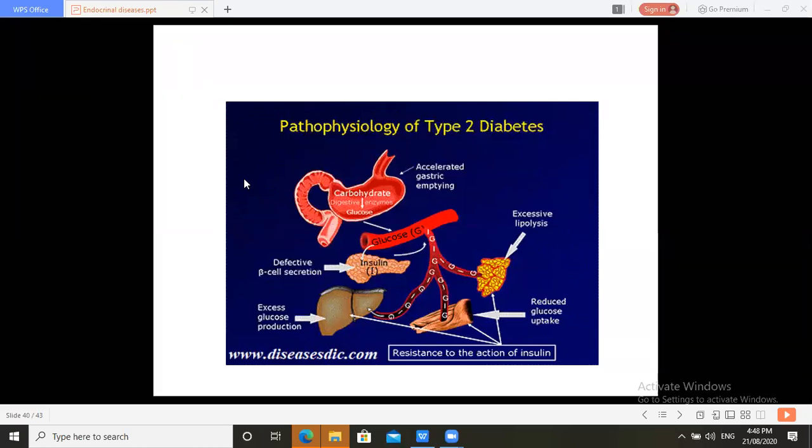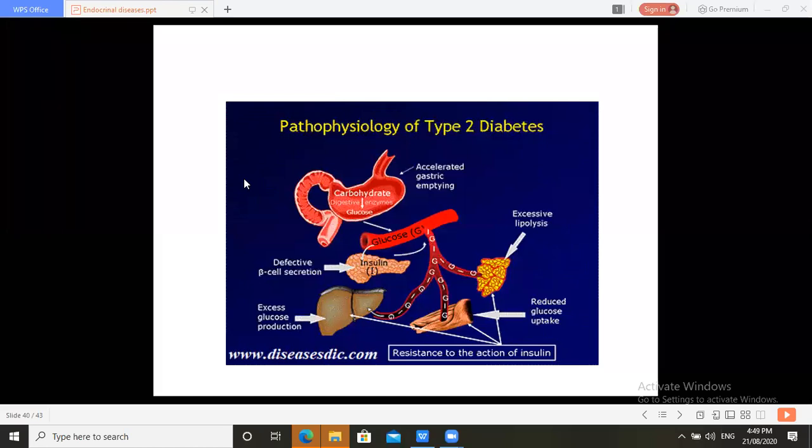The distinctive changes are more commonly associated with type 1 than with type 2 diabetes mellitus. The first is reduction in the number and size of islets. This is most commonly seen in type 1 diabetes mellitus, particularly with autoimmune conditions.